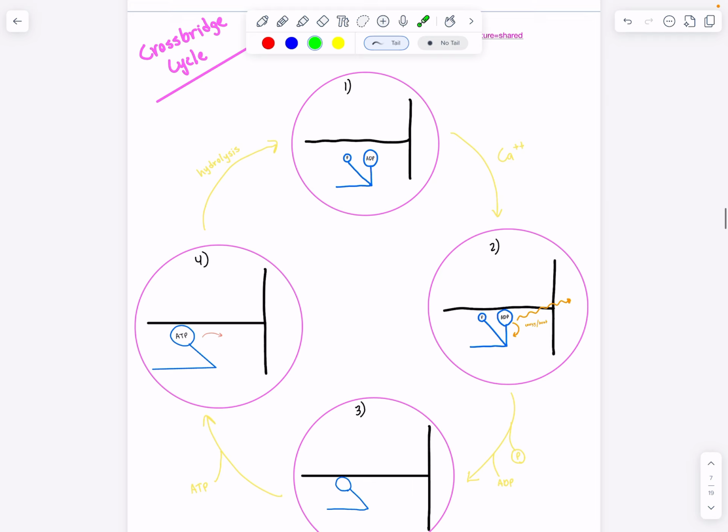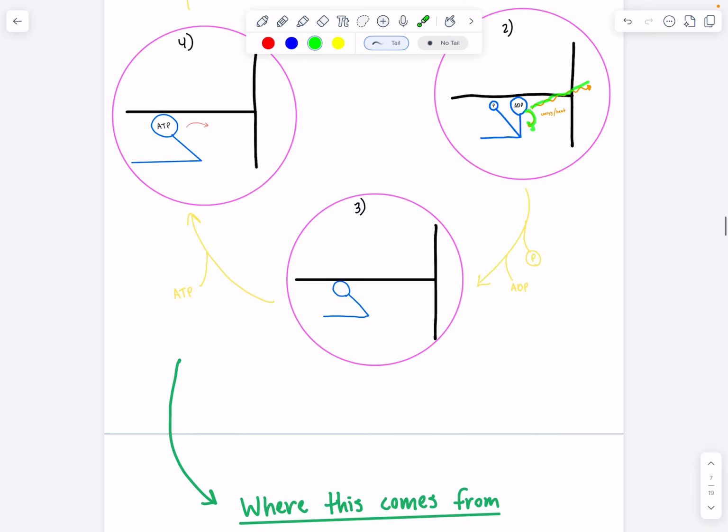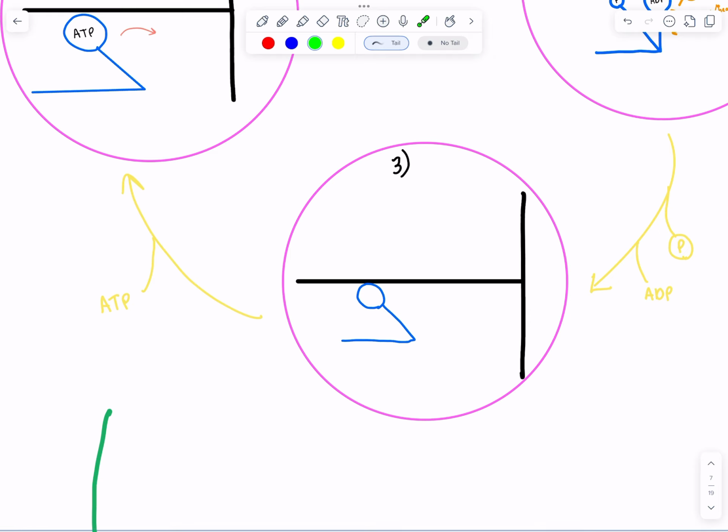Anyway, back to the cross-bridge cycle. So it binds, and then we lose the phosphate first, and then the ADP, and then energy and heat is released. Then we just have this empty, bare head in the uncocked position that is bound. But then we need this thing to release.